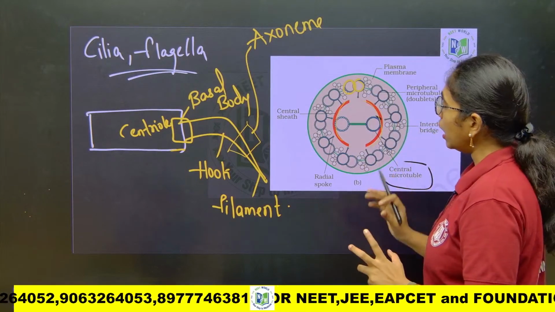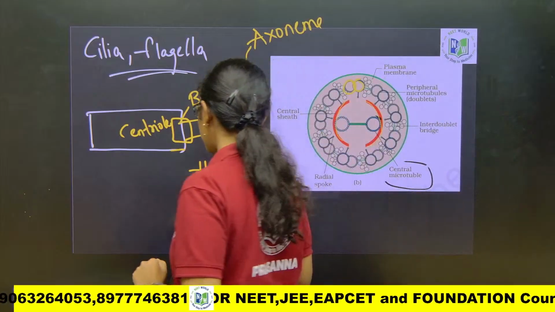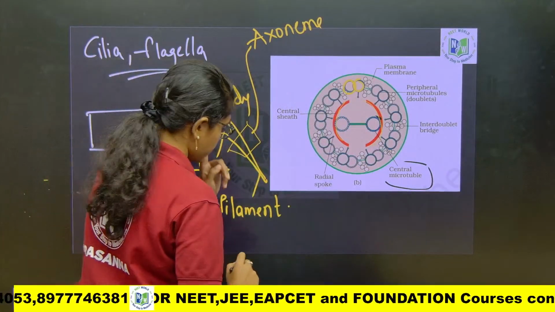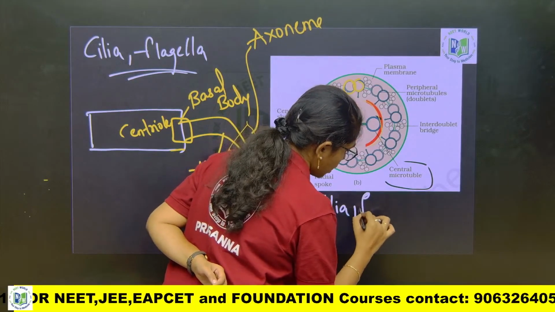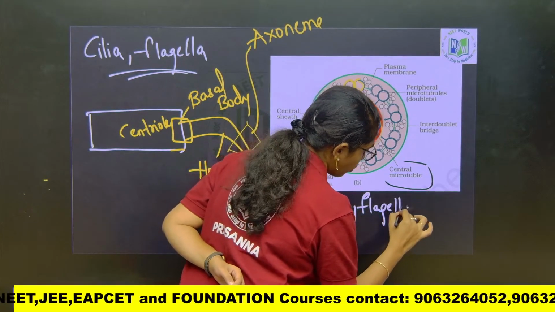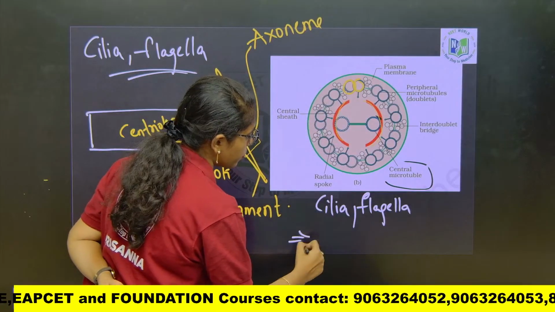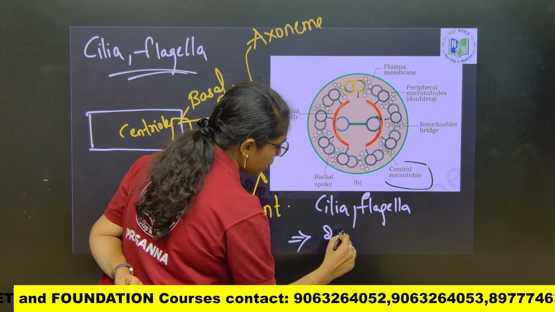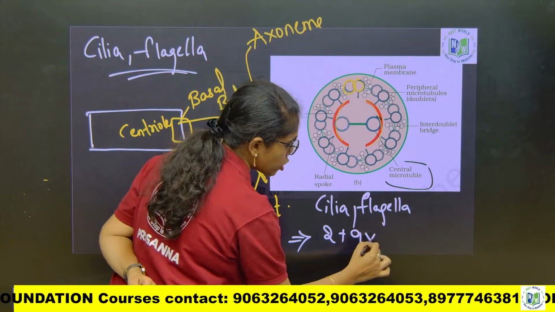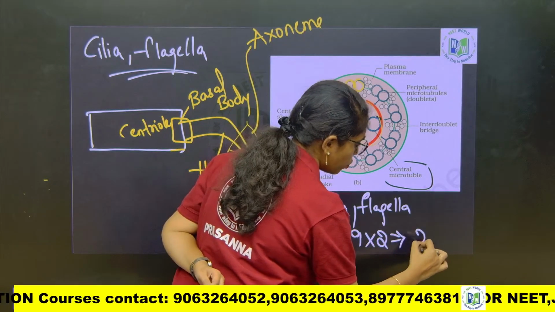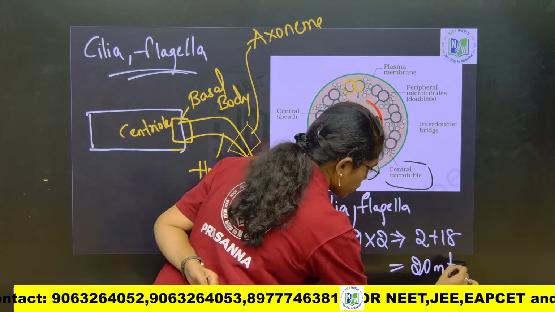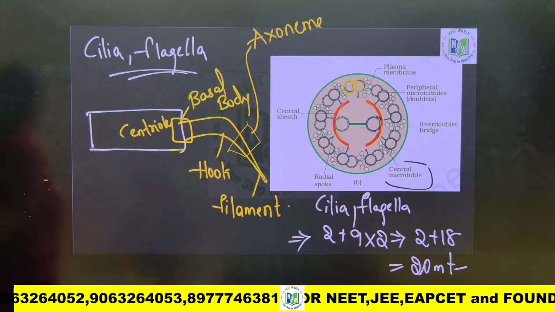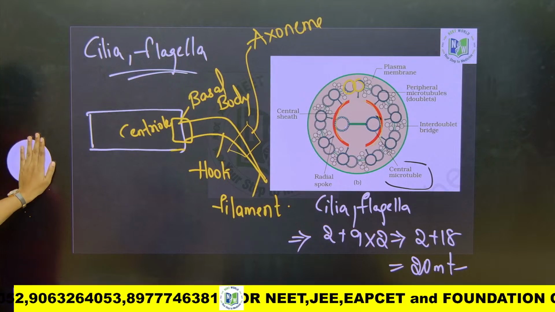On total, how many microtubules are present in cilia and flagella? 20. 2 central plus 9 radial spokes, each radial spoke is having 2. So, 2 plus 18 will be 20 microtubules. Clear right now? This is about cilia and flagella.